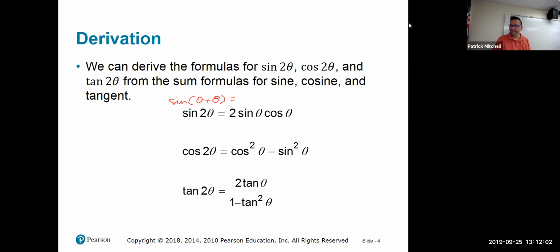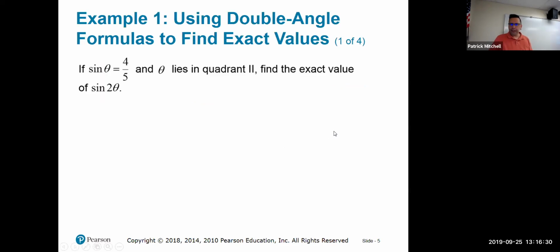All right, so here's an example of something that we do with the double angle formula. We're given that the sine of theta is 4/5 and theta is in quadrant 2. I remember doing a problem just like this in section 5.2. That is enough information to find the exact value of sine 2 theta.